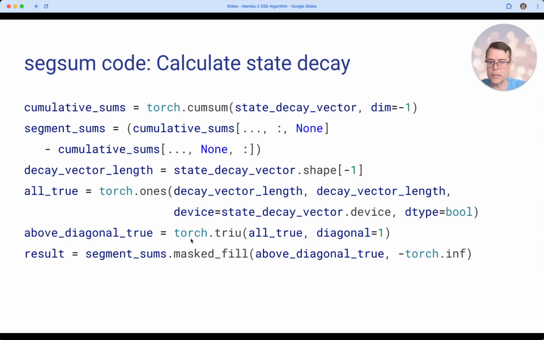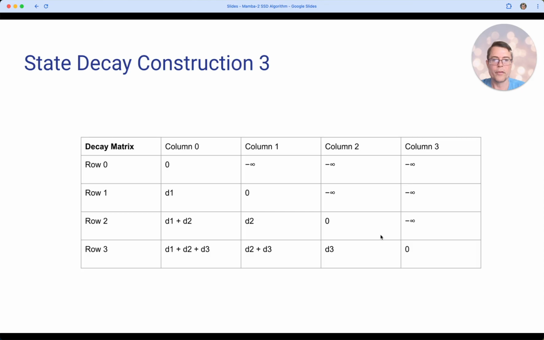We use this here. This is an operation that takes an upper triangular matrix, starting with the all-true matrix and keeping all of the stuff that's above the diagonal. It's 1 up from the diagonal.